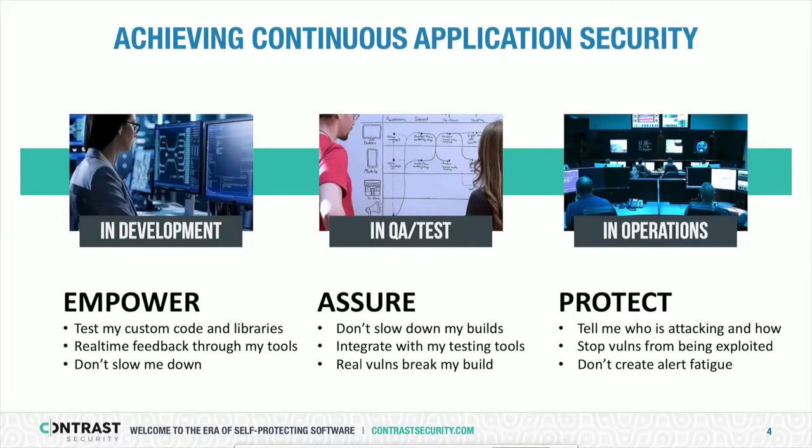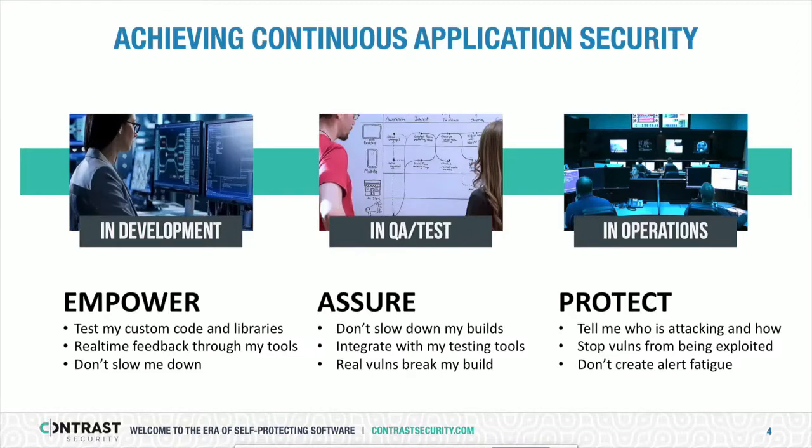So we want to get awareness of those attacks, and we also want to be able to prevent those attacks from actually exploiting vulnerabilities so that we're safe. Even if we have vulnerabilities in production, we want to be safe. This is at the high level what we want to achieve at each of these 3 stages. We're going to empower developers, assure our QA and test as we deploy, and we're going to protect in production.